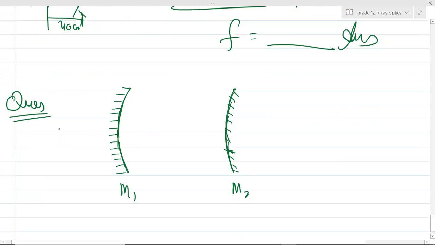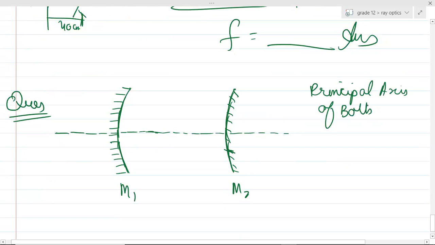They are placed in such a way that the principal axis of both the mirrors coincide. So they have been placed like this, such that the principal axis of both the mirrors coincide.